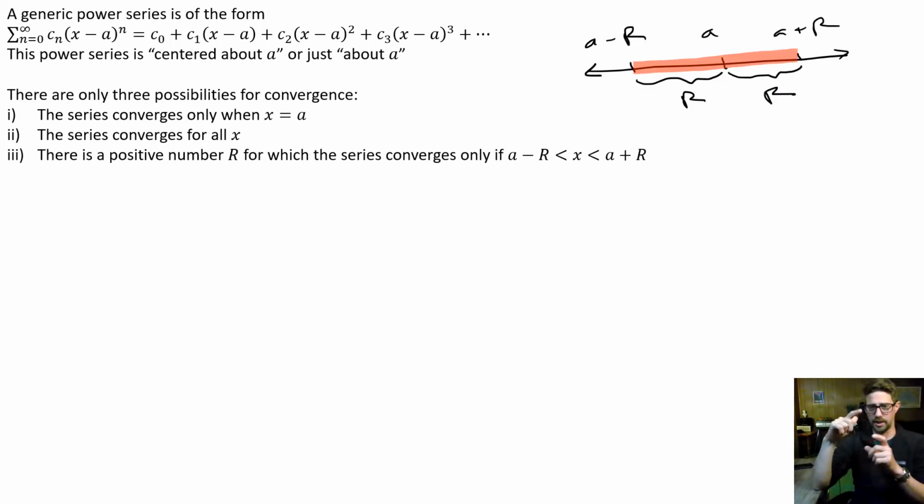So that's what that looks like. Here's a. If x is exactly a, this whole thing becomes 0. So it certainly converges. In fact, it converges to that, right? But if x is anywhere between a minus r and a plus r, so within r of a, then it converges. r has a name. It's called the radius of convergence. So I'll get to that in a second.